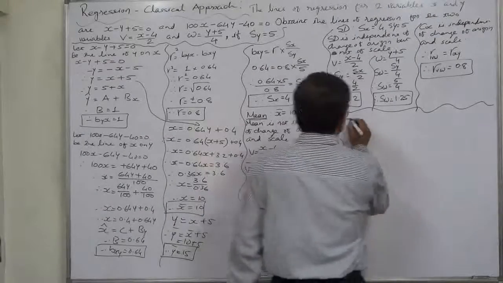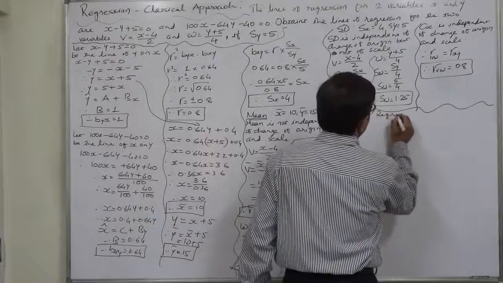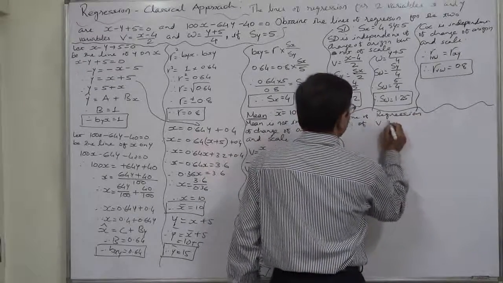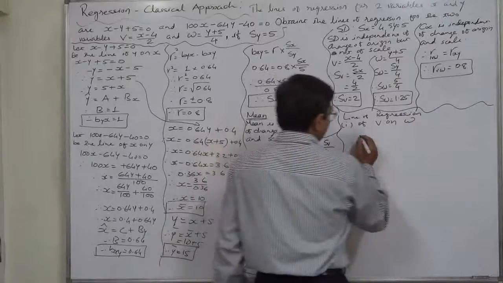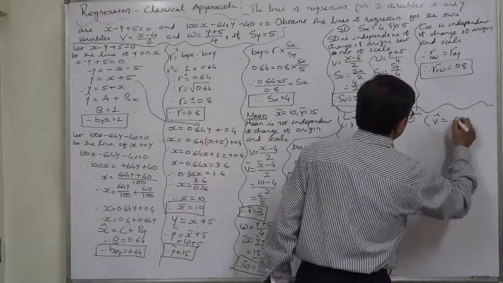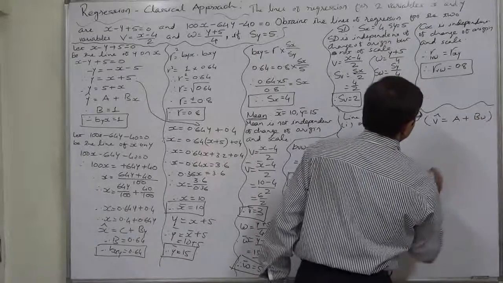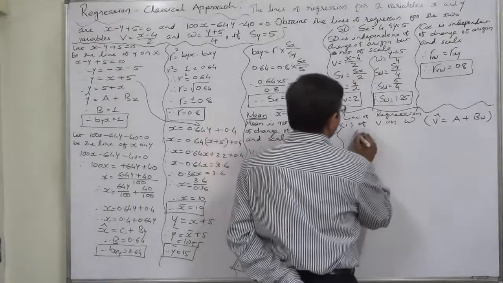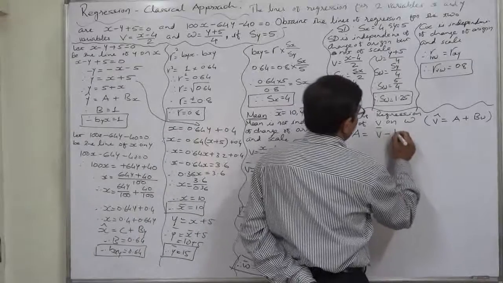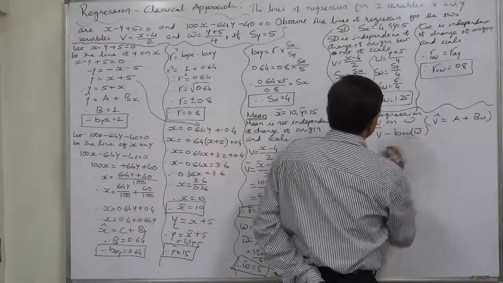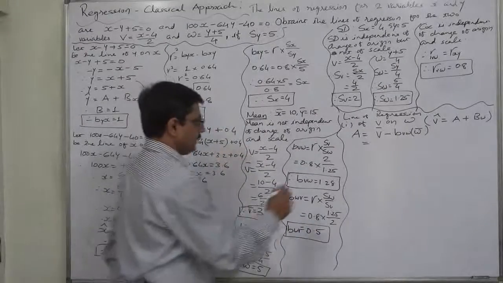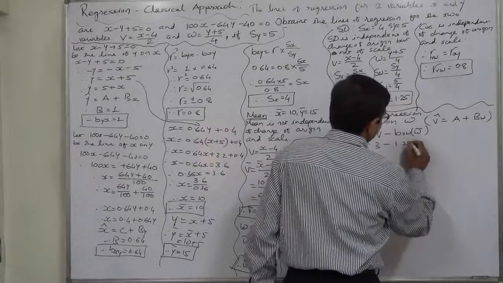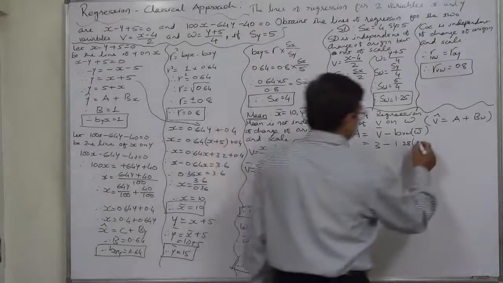Now it is the turn of the line of regression. First it will be of V on W. The standard form will be V cap equals A plus BW, where B stands for BVW, and the formula of A will be V bar minus BVW into W bar. V bar is 3 minus BVW is 1.28 into W bar is 5.